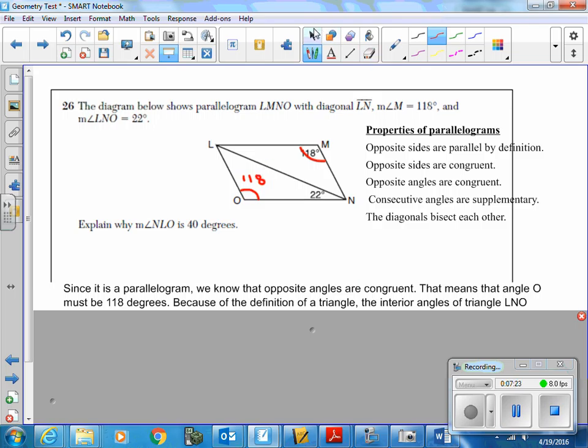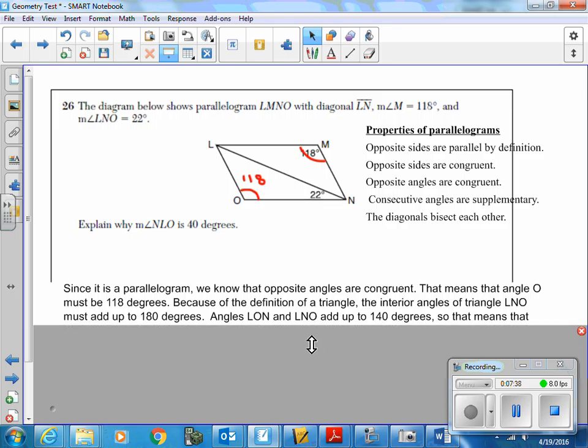Now, because of the definition of a triangle, the interior angles of triangle LNO must add up to 180 degrees. We've talked about that over and over again. That means that these three angles must add up to 180.